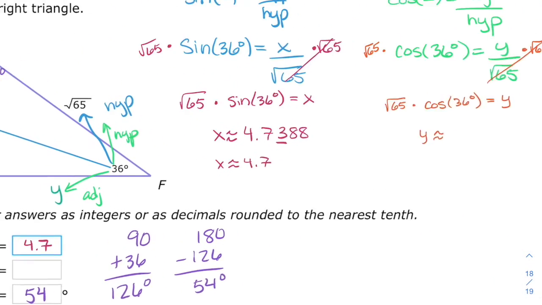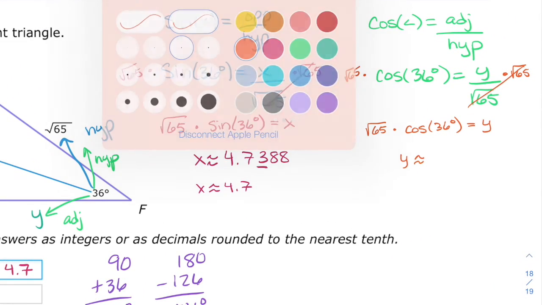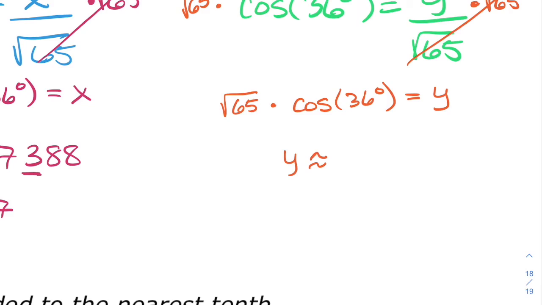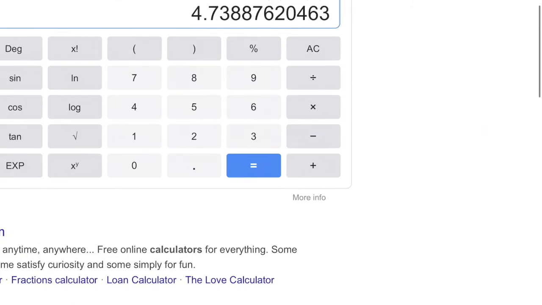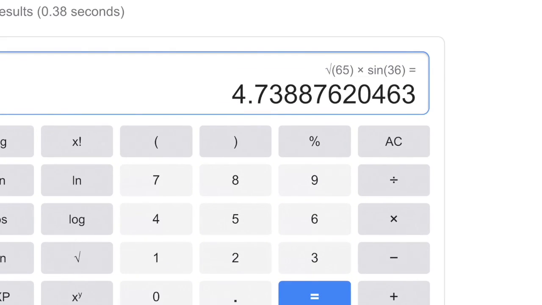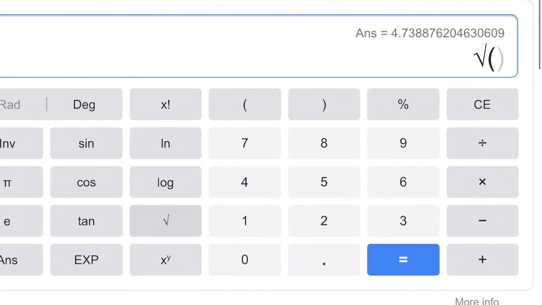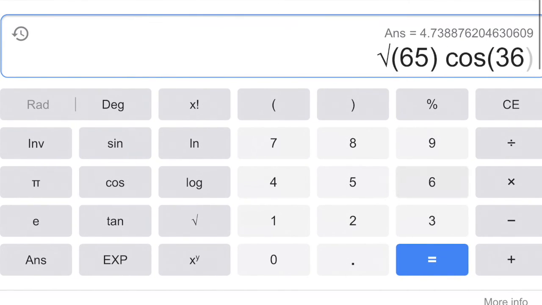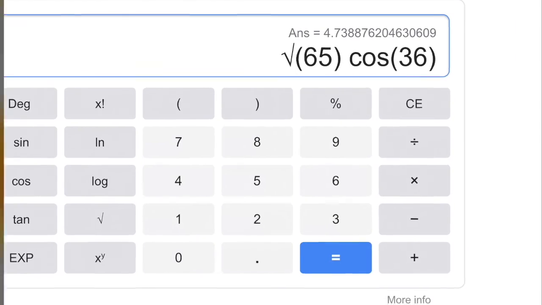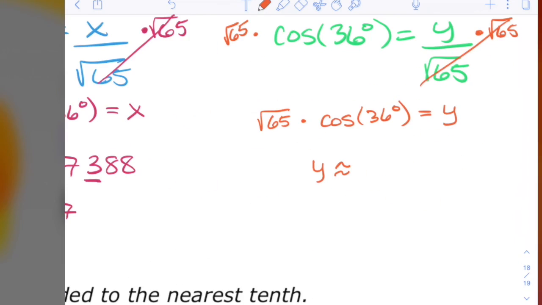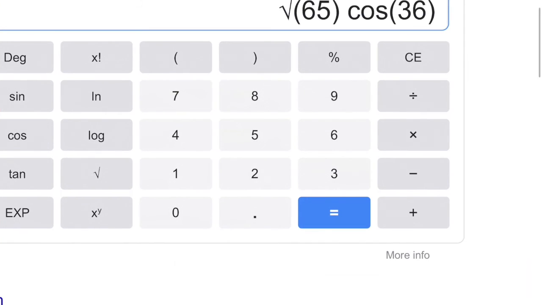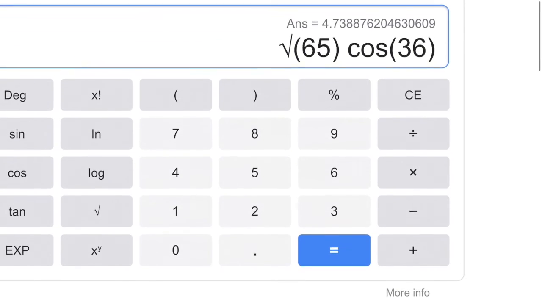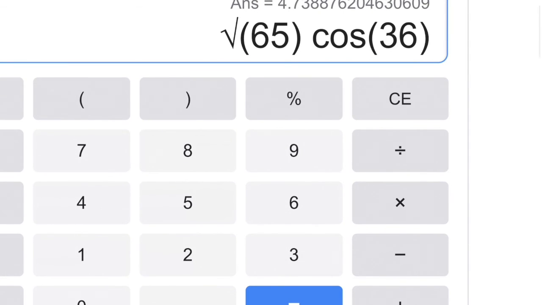Okay. And the last one, we're going to type that in, 65 and 36. So the square root of 65, close parentheses, cosine of 36, I believe it was. Let me just check. Yep, so that's in our calculator. We're going to hit enter. Make sure it's parentheses around each one. We can put a times in between if we want.